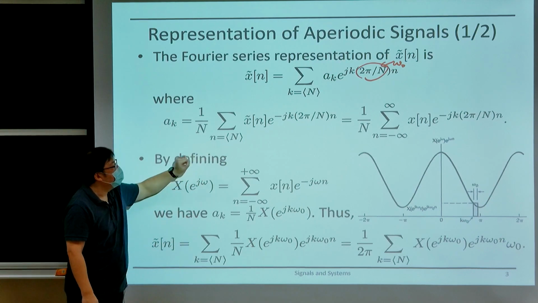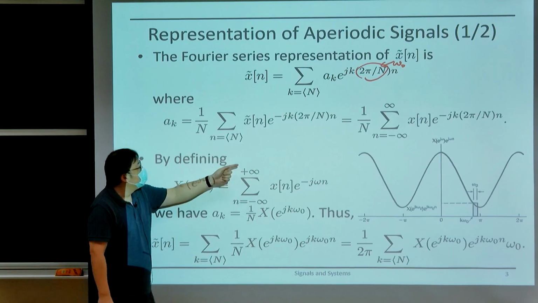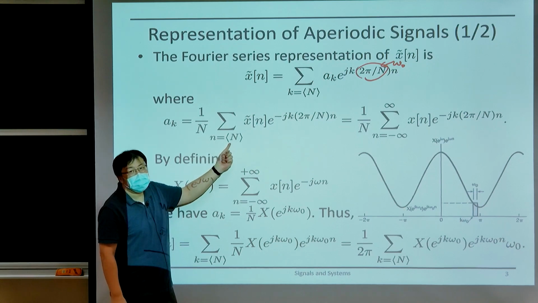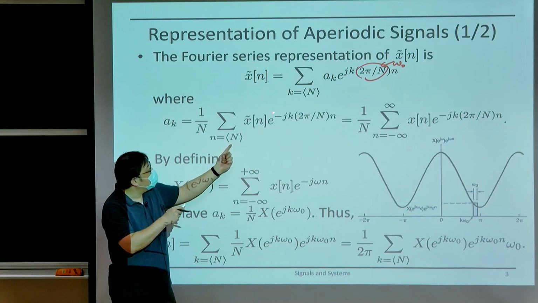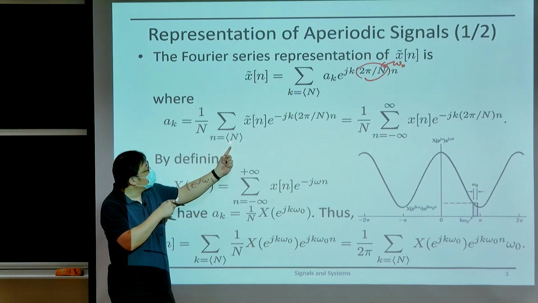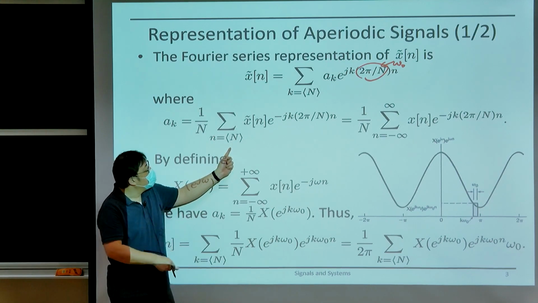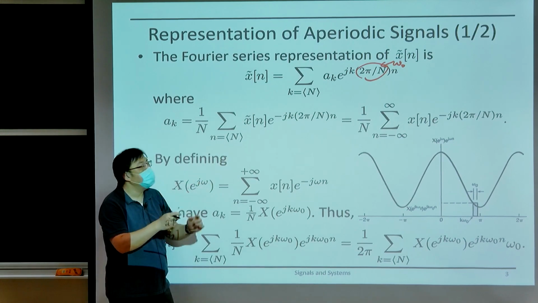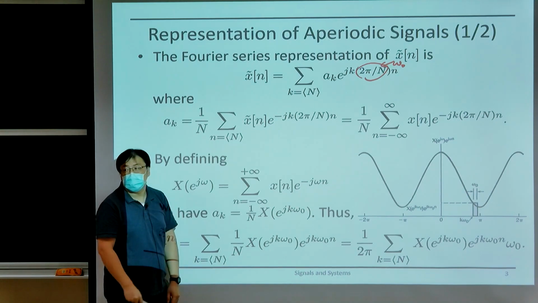All right. Now, here we're summing over capital N samples x tilde times e to the minus jk 2 pi over capital N n. Okay. Now, when you're summing only over one period, right, you could have replaced x tilde of n with x of n, right? Because x of n is exactly one period of x tilde, okay?